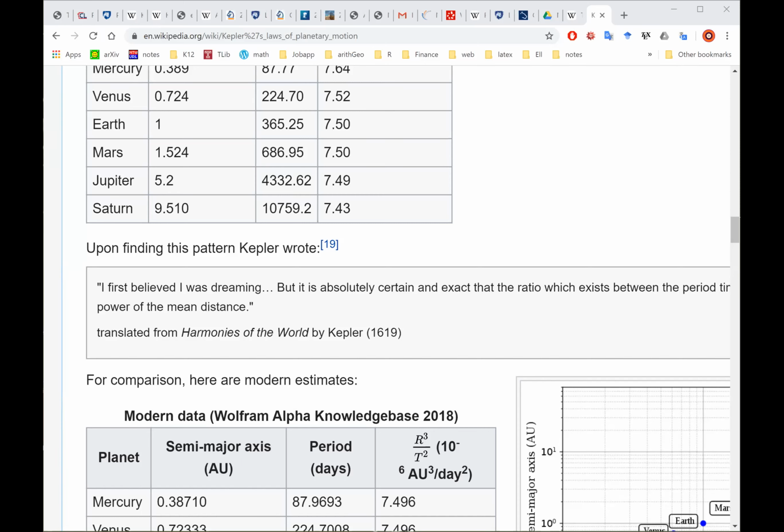Kepler's laws are based on experiment. It was said that Tycho and Kepler came up with 21 models of the curve of the orbit of a planet.